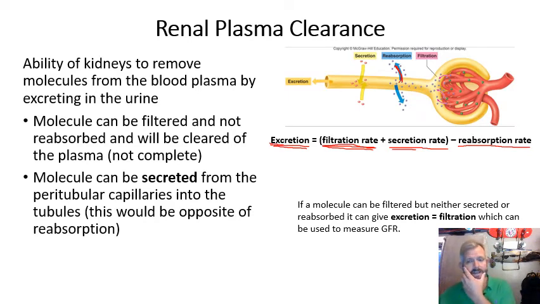We can see that if we have a molecule in the blood that can be filtered here, but cannot be secreted and cannot be reabsorbed, then what's that leave us? Our excretion rate matches our filtration rate for that molecule.